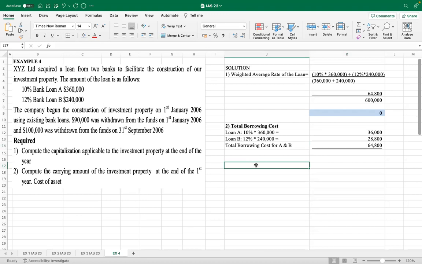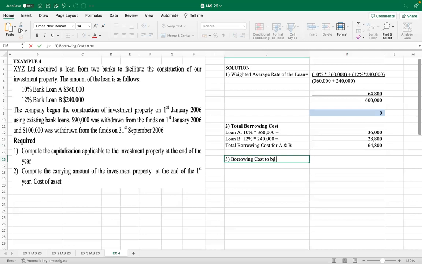However, I'm trying to be systematic in this question. We need to calculate borrowing costs to be capitalized. Remember, each question is unique. I've given you 3 different types of question. Borrowing costs to be capitalized. Please, let's be attentive here.